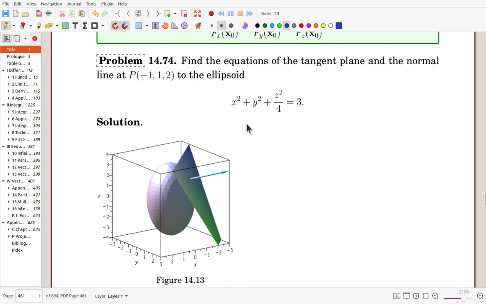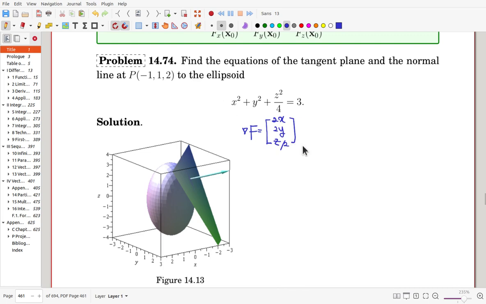Now we can find the normal vector at the point to the surface by computing the gradient of F. The x derivative is 2x, the y derivative is 2y, and the z derivative is z over 2.